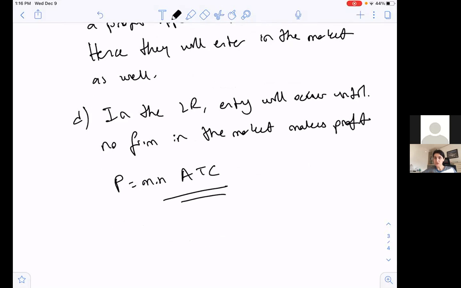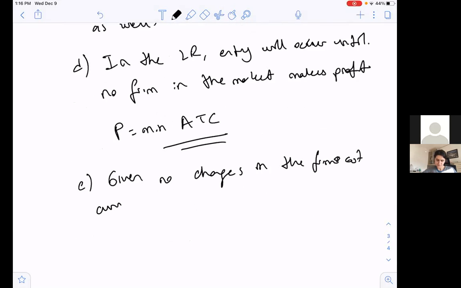If these curves do not change, given no changes in the firm's cost curves in the long run, how am I going to find the minimum of ATC?